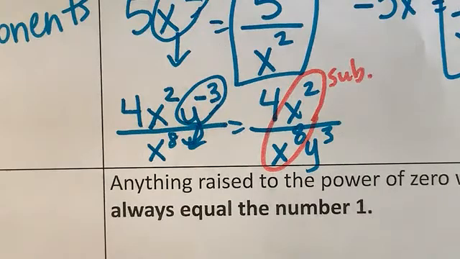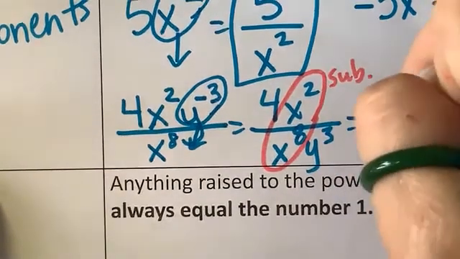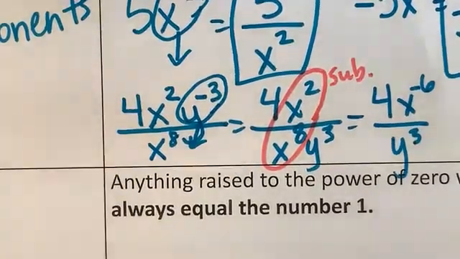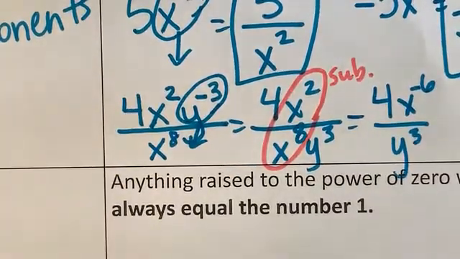Where is it at? Top or bottom? Bottom. When you subtract, it automatically goes into the top. So this is 4x to the negative 6 over y cubed. When you subtract, whether you get a positive exponent or a negative exponent, it goes into the top.